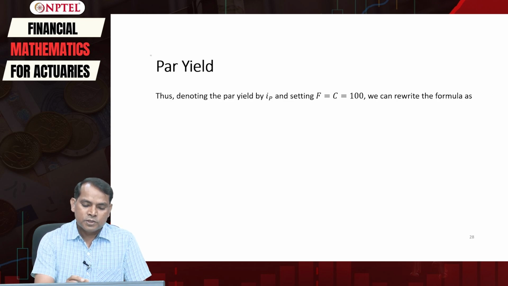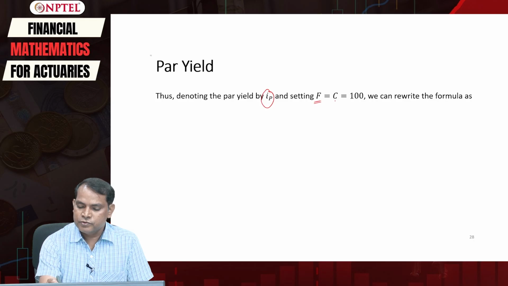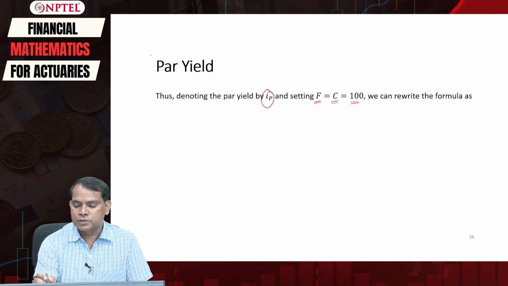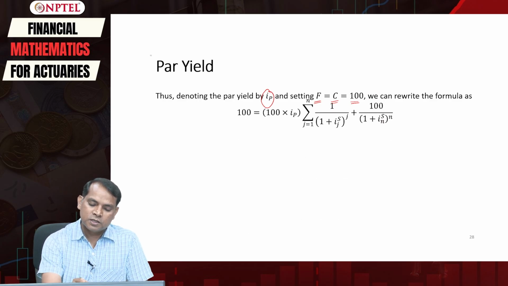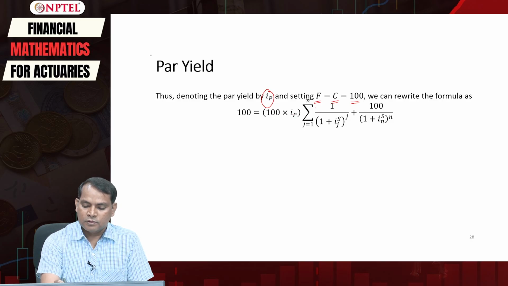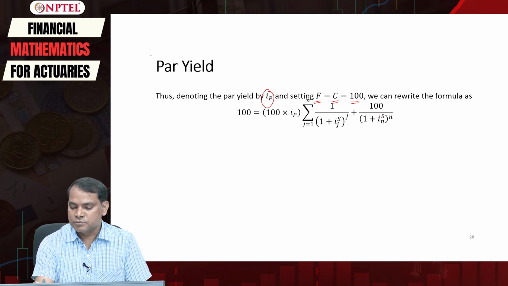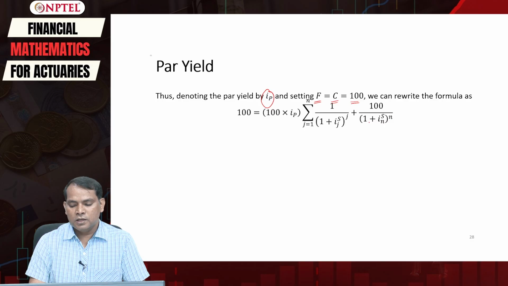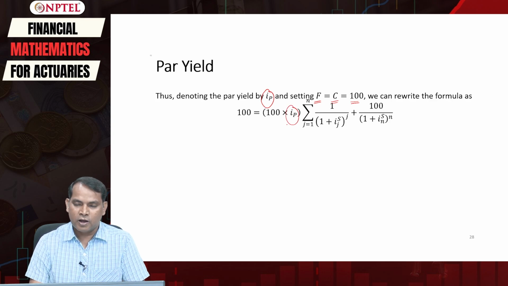Therefore, denoting the par yield by IP and setting the face value equal to the redemption value equal to 100, we can rewrite the formula as 100 is equal to 100 multiplied by IP, multiplied by the sum of 1 upon (1 plus Ij) to the power j, plus 100 divided by (1 plus In) to the power n. Now, solve for IP and we will get the par yield.